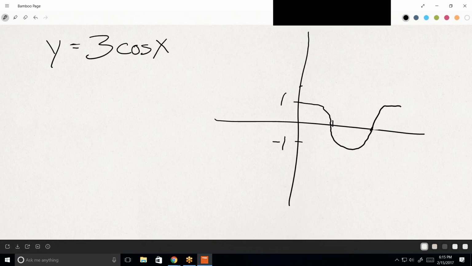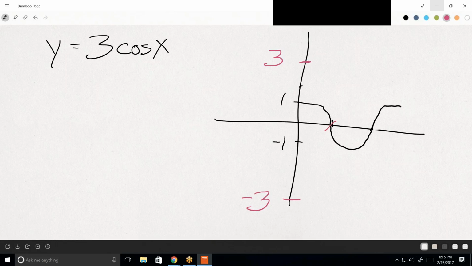It's a vertical stretch. So where am I going to start my curve in red? Positive 3. So it's going to go from 3 to minus 3, and the period's not any different.